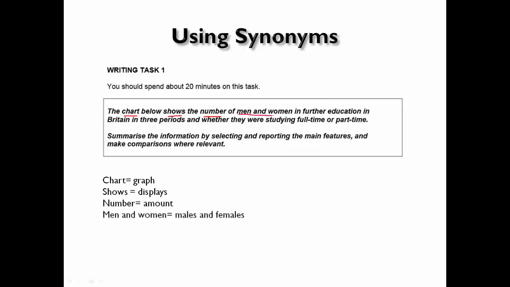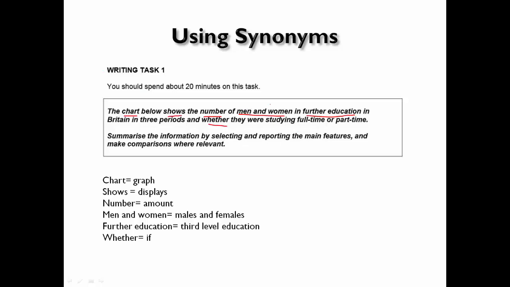Men and women, males and females. Further education, third level education. Weather, if. So you'll see that all of the synonyms that I have replaced here are direct synonyms. They mean exactly the same thing. They're not loose synonyms that kind of mean the same thing.